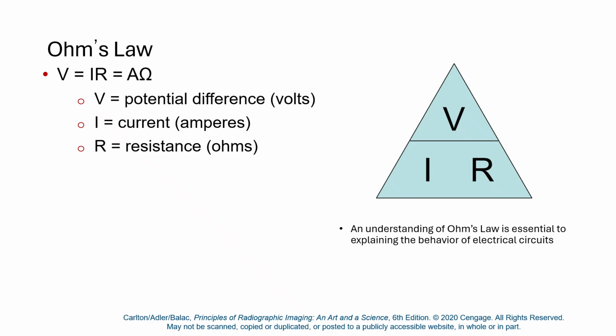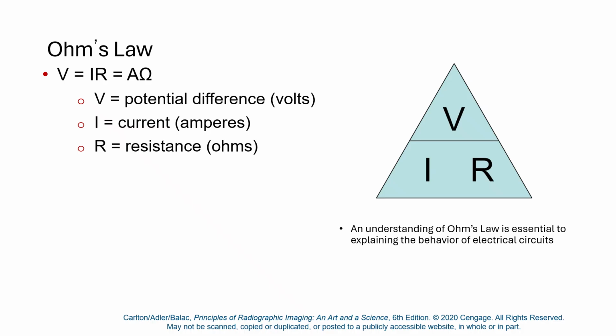Ohm's law, and so now there should be a vertical line between the I and the R, right? And so V equals IR, and again, if you're learning electrical engineering, you use I for current.